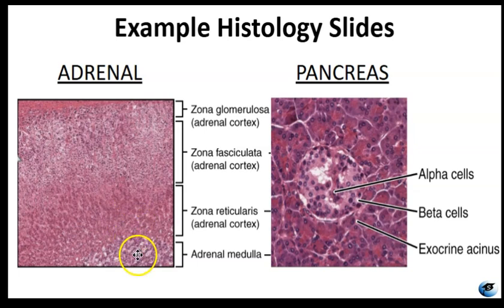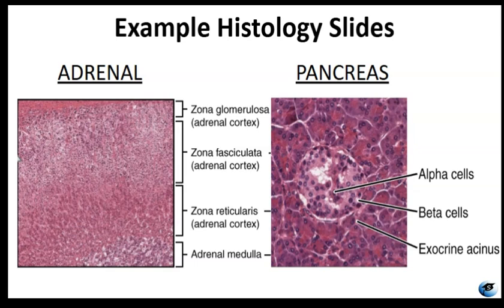And then the medulla is deeper, often stained a darker purple, and it contains cells that produce epinephrine and norepinephrine. This can be difficult to distinguish. Remember, three layers of cortex and then the medulla at the end.